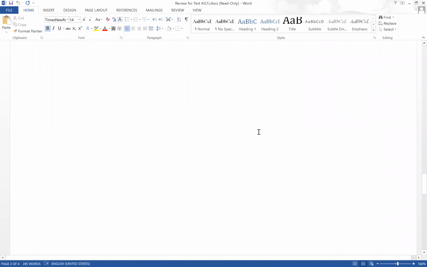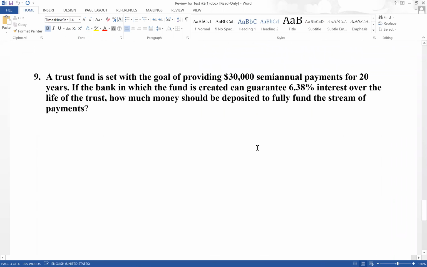Yeah. And question 9, the trust fund. A lot of wealthy people have trust funds for their loved ones or family members, and this is a very common phenomenon. The trust fund is set with the goal of providing $30,000 semi-annual payments, meaning the recipient will receive $30,000 every 6 months for 20 years.